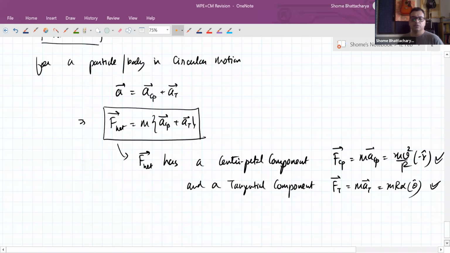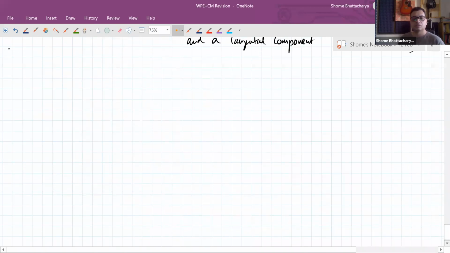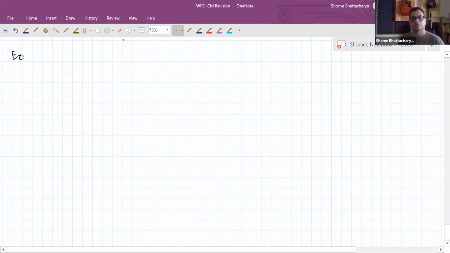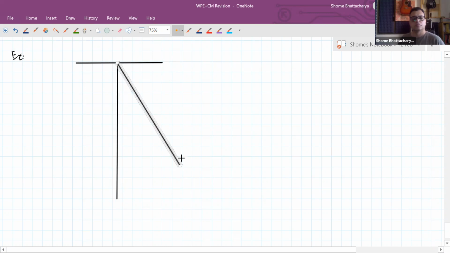So let's understand this with few examples. So let's take the case of a conical pendulum.